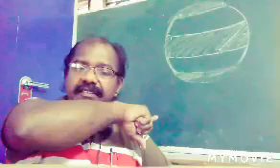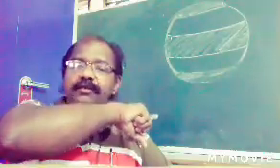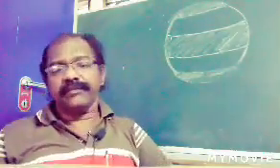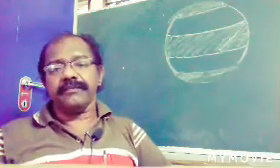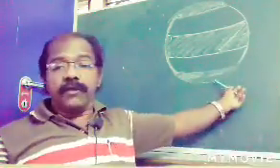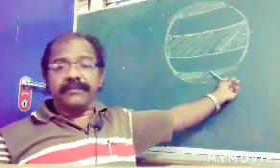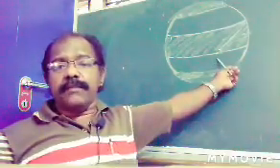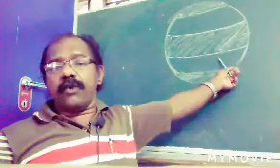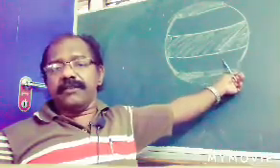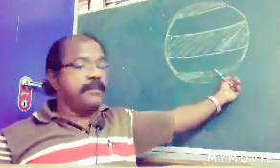So from the polar regions, the air moves towards the subpolar low pressure belt. So air moves from the polar region to the subpolar low pressure belt, and the air moves from the subtropical high pressure belt to the subpolar low pressure belt.